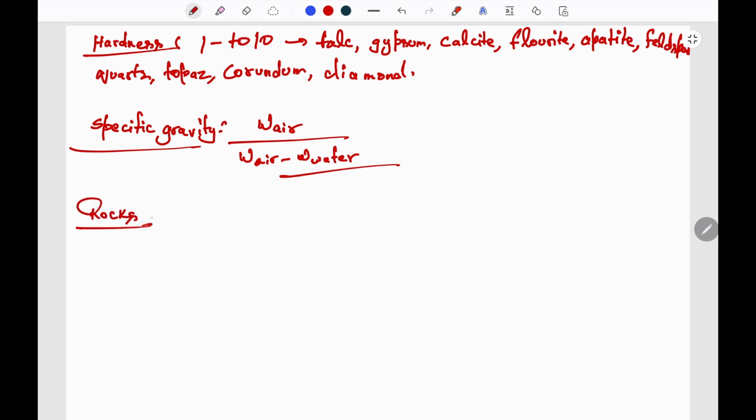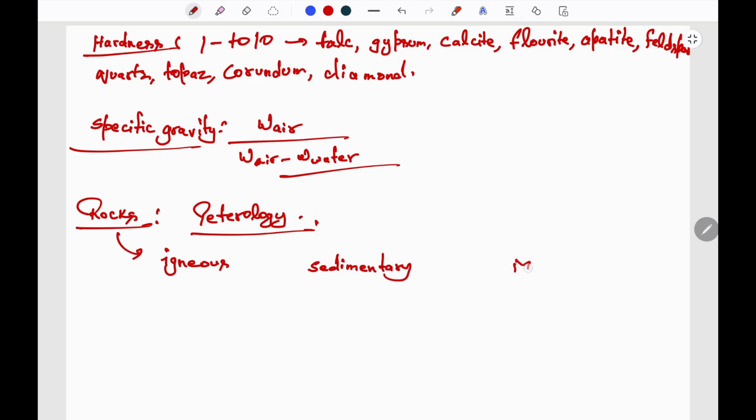What are rocks? Rock is a mixture or aggregate of one or more minerals. So study of rocks is known as petrology, and based on their formation, rocks can be of three types. That is igneous, sedimentary, and metamorphic.